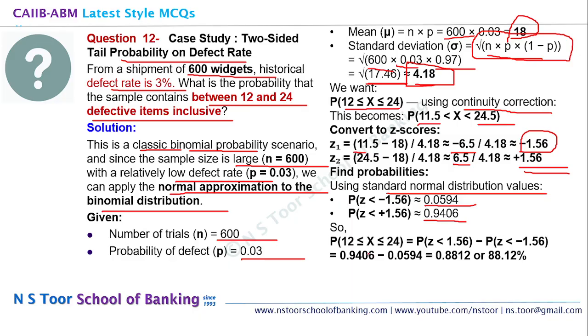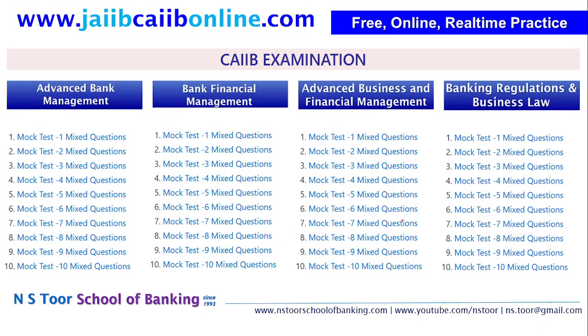We have to take the upper level, that is 0.9406, minus the lower level, that is 0.0594, which is 0.8812. That will be the probability that the sample contains between 12 and 24 defective items inclusive. If we convert it into percentage, your answer will be 88.12. So this will be your answer for this question.